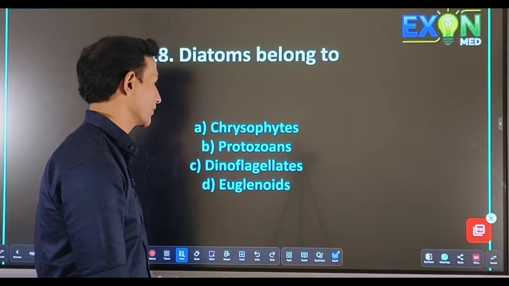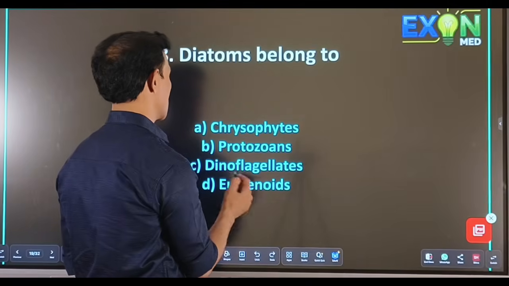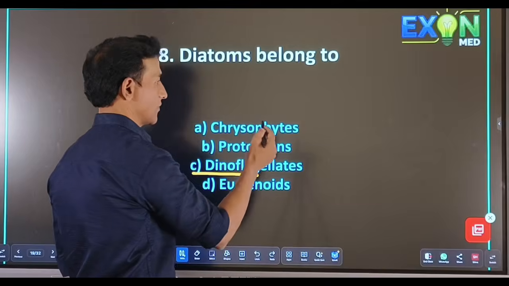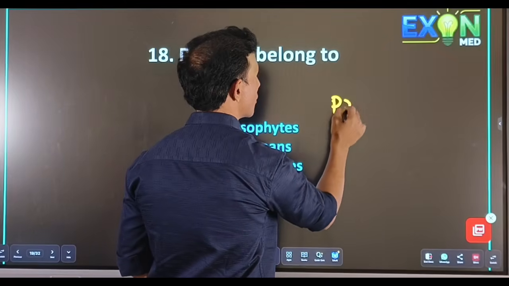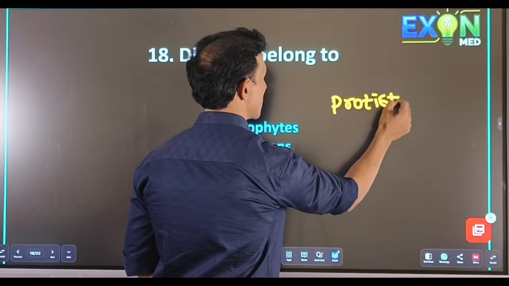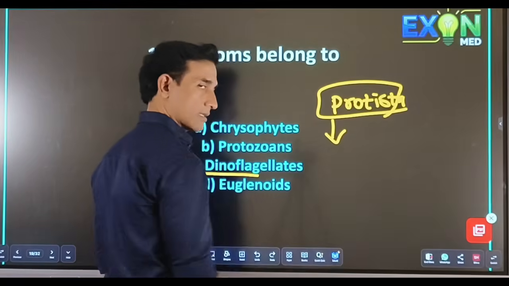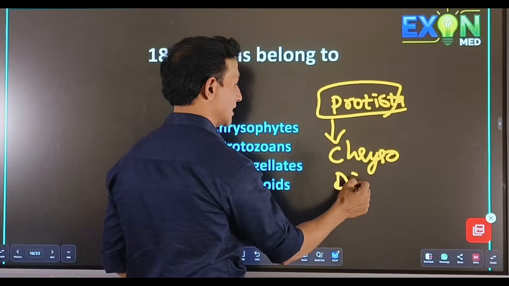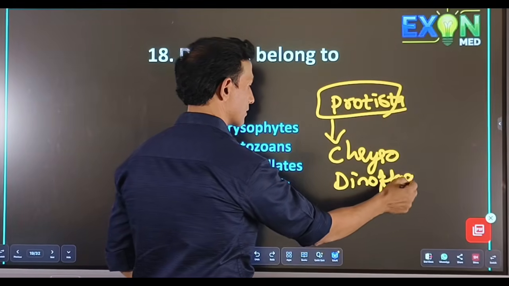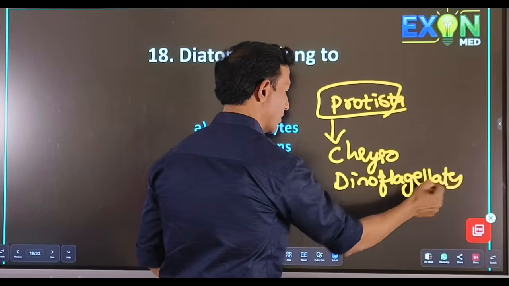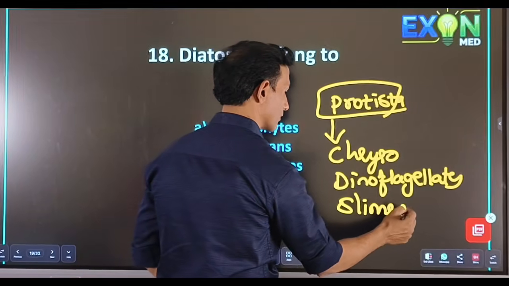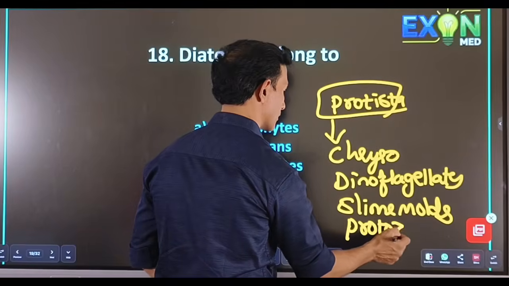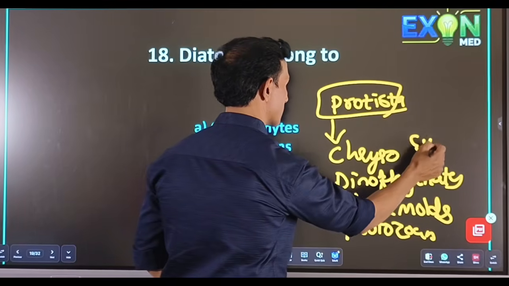Diatoms belong to. So we have diatoms, which we first classify. Protista is divided into several classes like chrysophytes, dinoflagellates, slime molds, protozoans, as well as euglenoids.